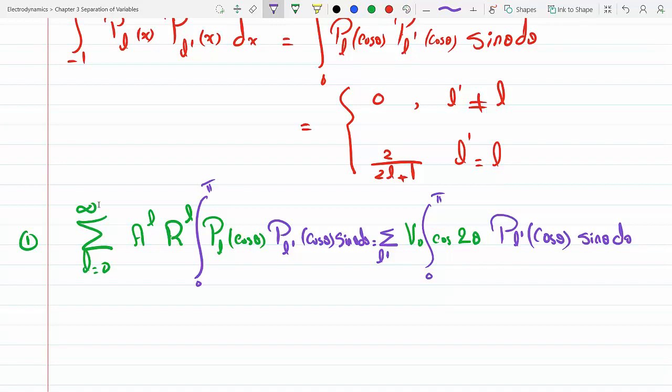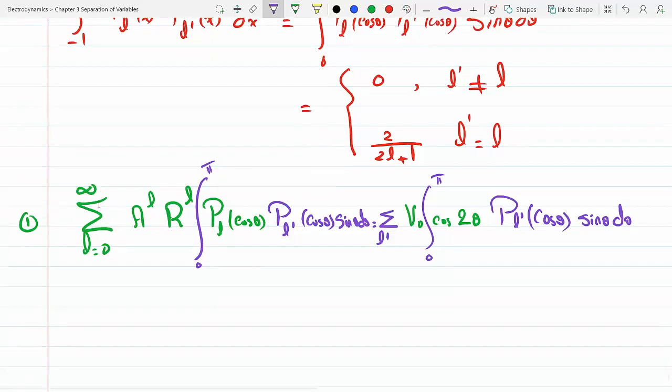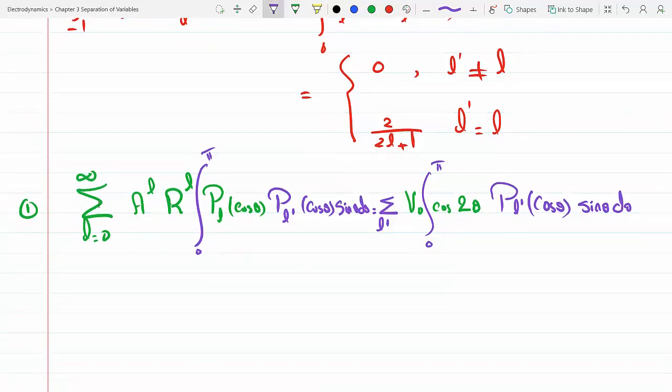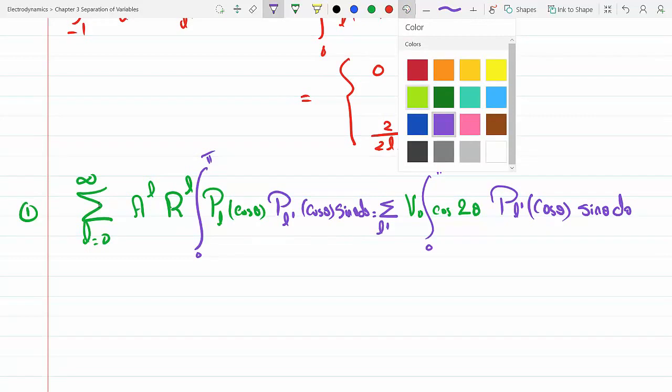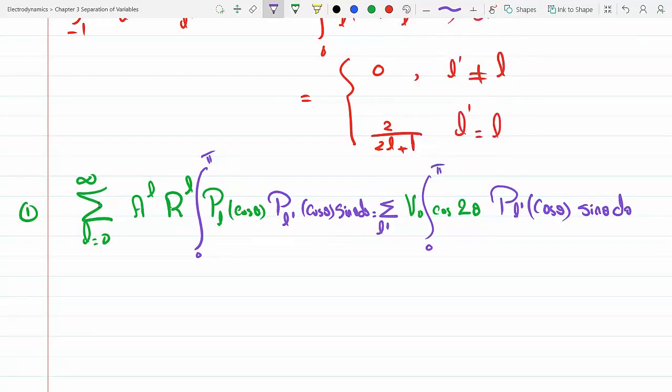So the only place it will work is if L equals L prime. And if L equals L prime, the answer to this will become A_L R^L, and this guy here became 2 over 2L plus 1. And here we do have to integrate this side.